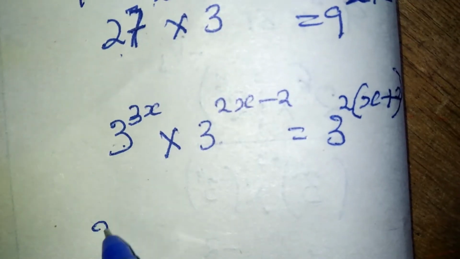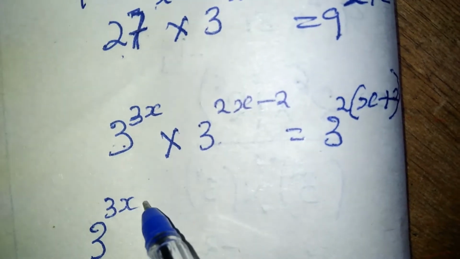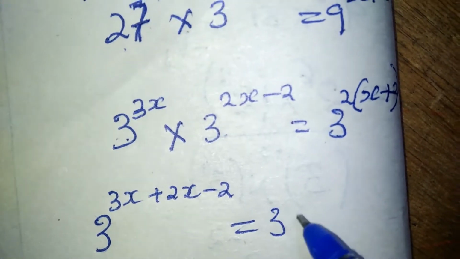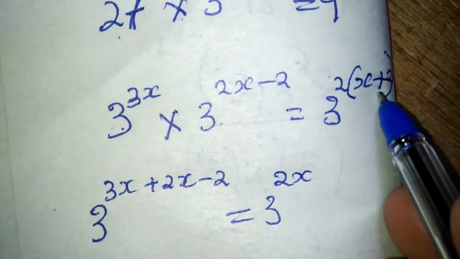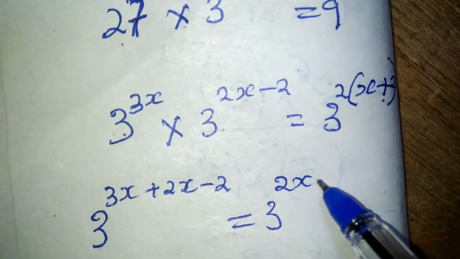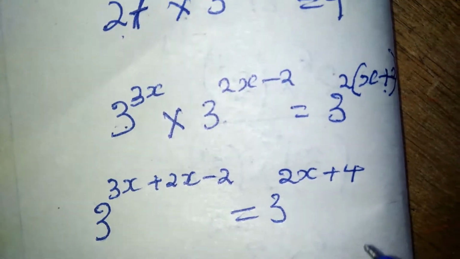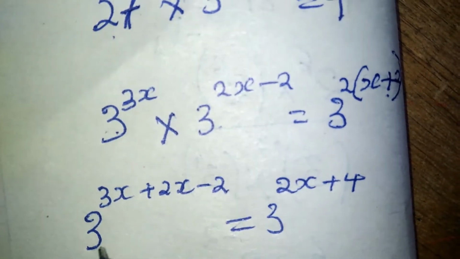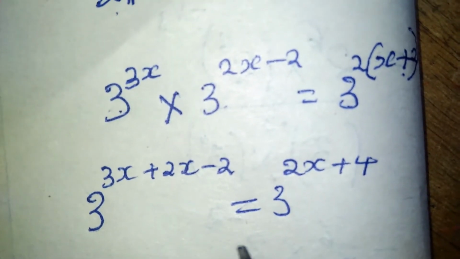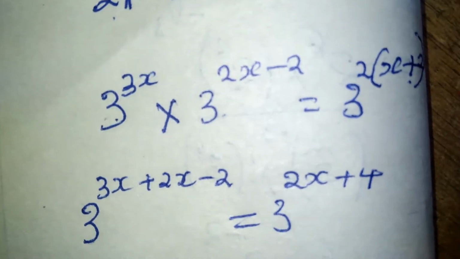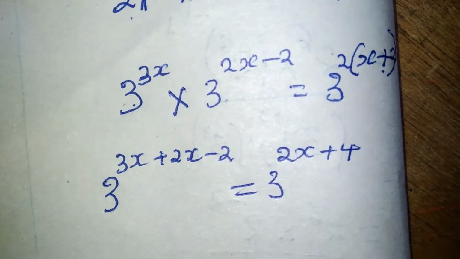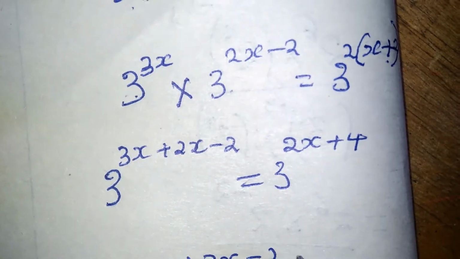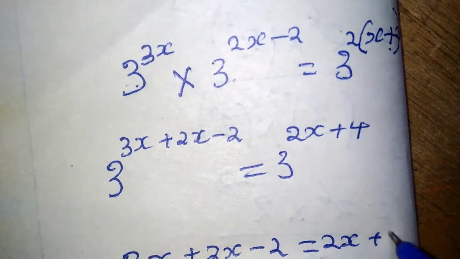What we end up with is 3 raised to 3x plus 2x minus 2 is equal to 3 raised to 2x, opening the bracket here, 2x plus 4. That gives us again two indices which have common bases and they are equal, and so we say the powers are equal. We therefore write 3x plus 2x minus 2 is equal to 2x plus 4.